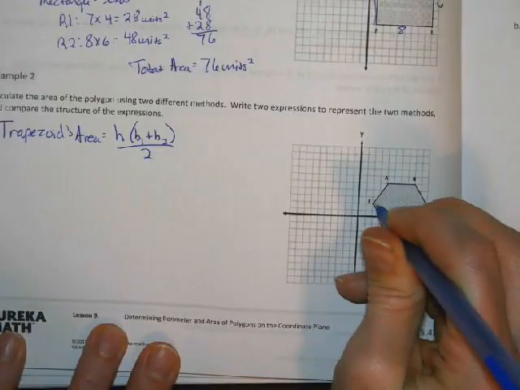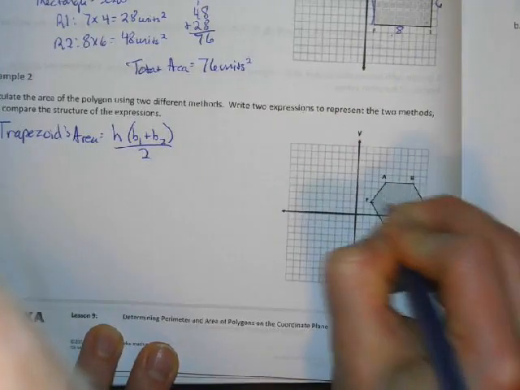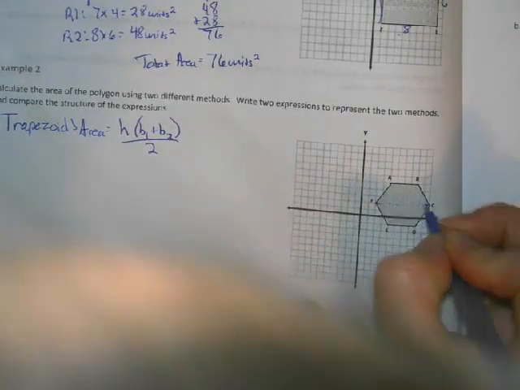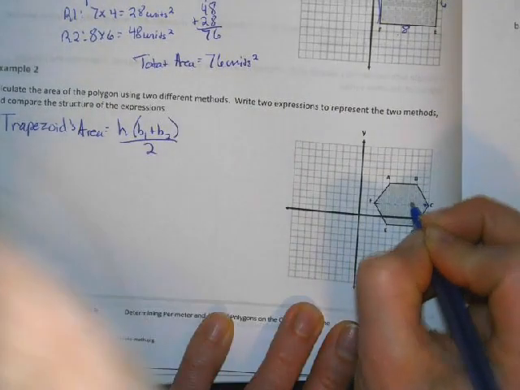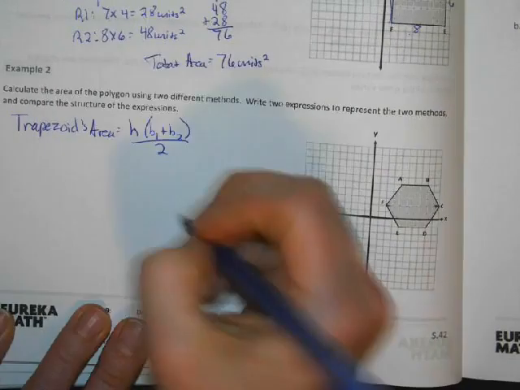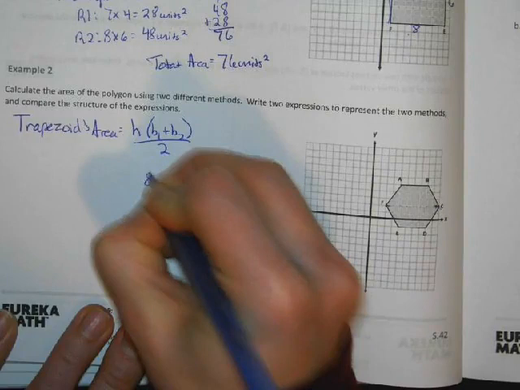So if I take this and I break it in half, and then I just see how far that is, that's 1, 2, 3, 4, 5, 6, 7, 8. So the base here is 8, so that's going to be one of my bases.